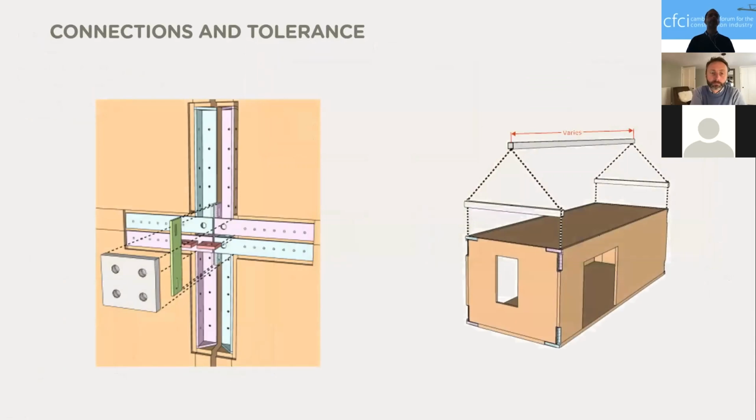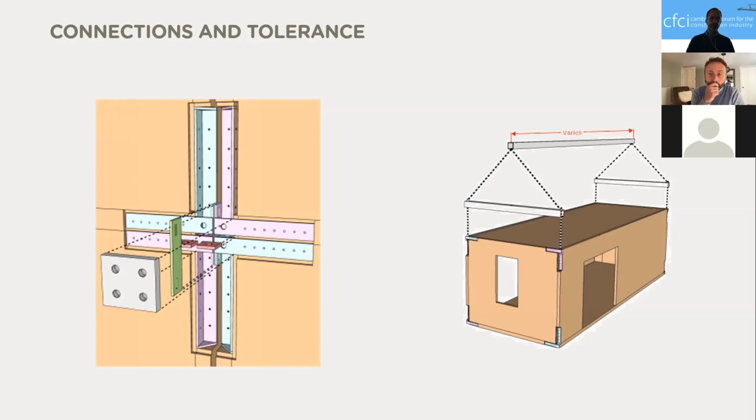And then thinking forward about connections, we also thought about connections and tolerance. When you have something a bit taller to build, you need to make sure the build doesn't move too much or slip, but also has the ability to be not quite 100% accurate, so there's a little bit of construction tolerance. That was quite a big thing for us.